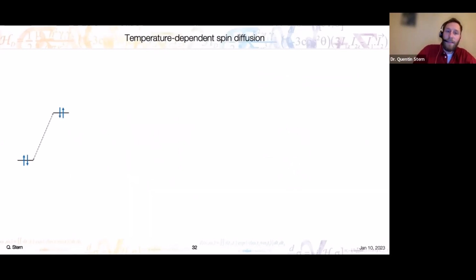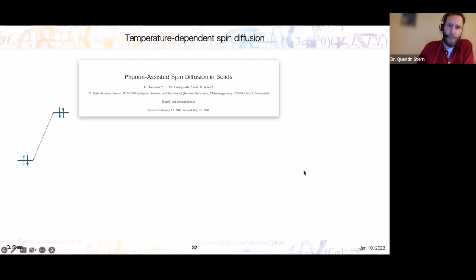So the question is, what provides the energy that you need to do this transition to allow spin diffusion? You could be tempted to think that you have motion or vibrations in the sample, and that this will help spin diffusion. There's very little literature on this, but this process exists.